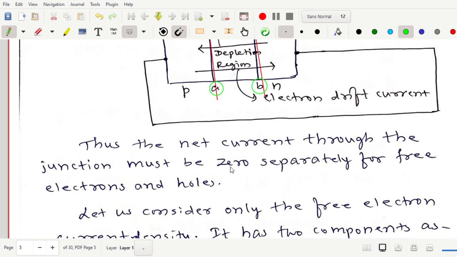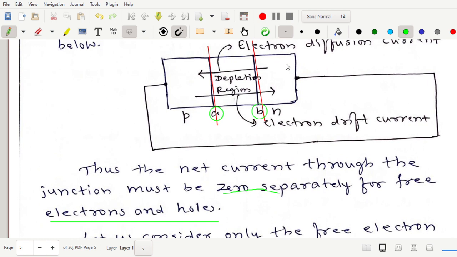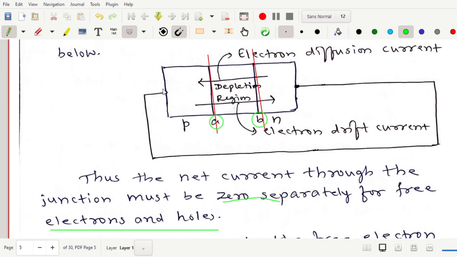Now when there is no external battery connected, the net current through the junction must be zero separately for free electrons and holes. As soon as the PN junction is formed, there will be motion of both electrons and holes.